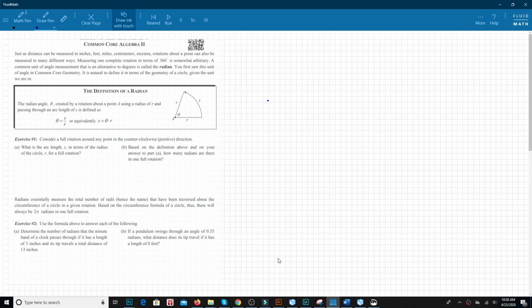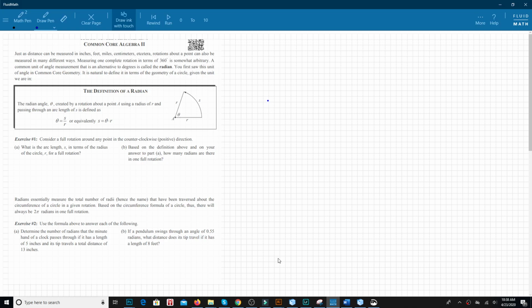Just as distance can be measured in inches, feet, miles, centimeters, etc., rotations about a point can also be measured in many different ways. Measuring one complete rotation in terms of 360 degrees is somewhat arbitrary. A common unit of angle measurement that is an alternative to degrees is called the radian. You first saw this unit of an angle in Common Core geometry.